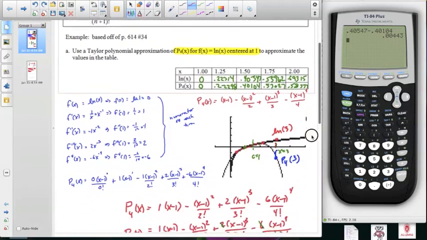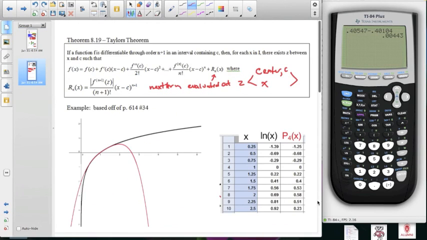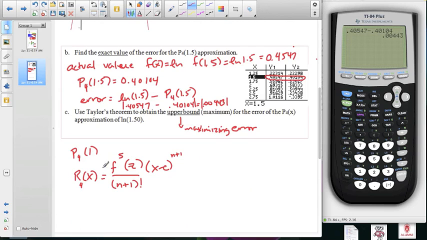Our fourth derivative was minus 6x to the minus 4. So our f4 of x was negative 6x to the minus 4, and our fifth derivative of x then is 24x to the minus 5. That's just taking the derivative one more time.